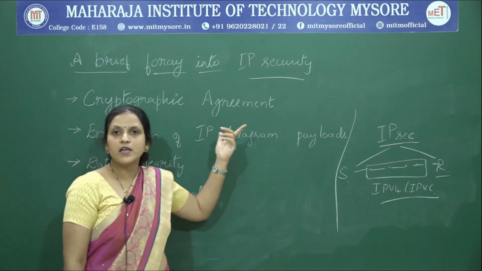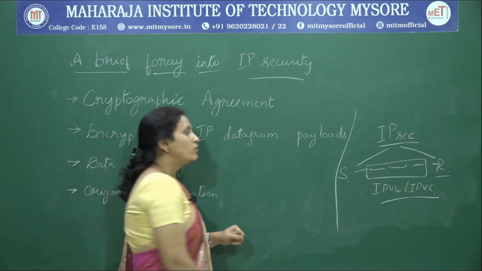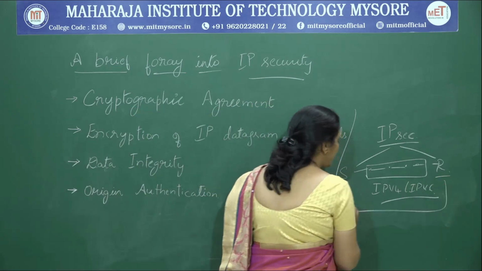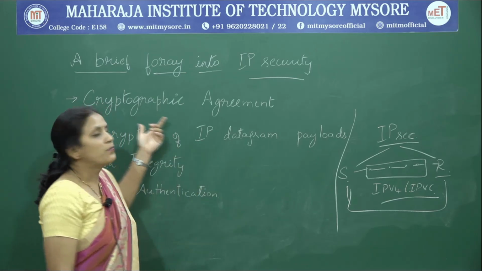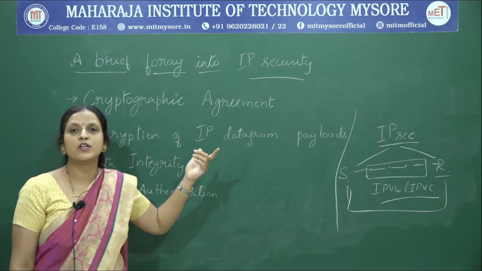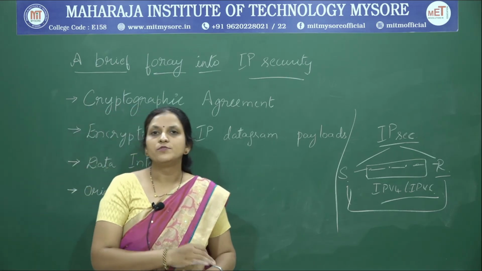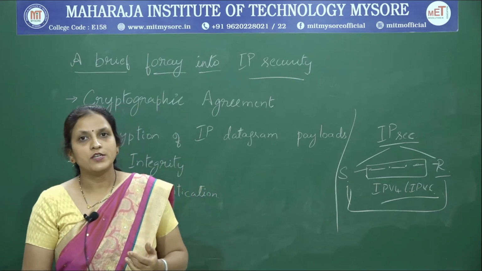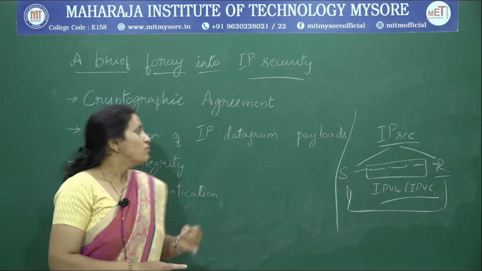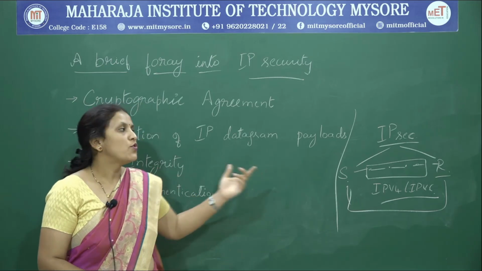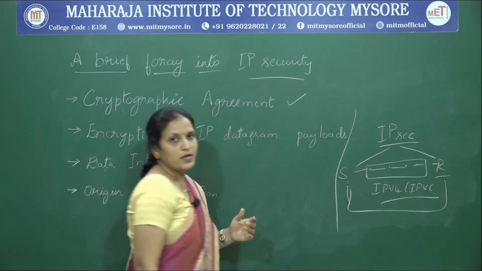When we say it is an IPsec compatible host, the two hosts, source and destination, both enter into an agreement about the cryptography or encryption algorithm used to encrypt the data transferred from source to destination. The same kind of algorithm is used at both the sender and receiver. This is called the cryptographic agreement.